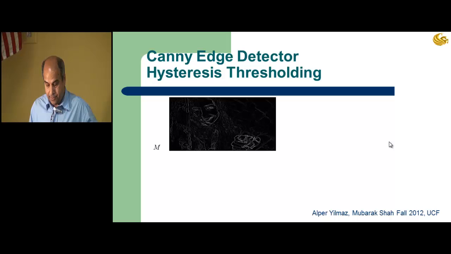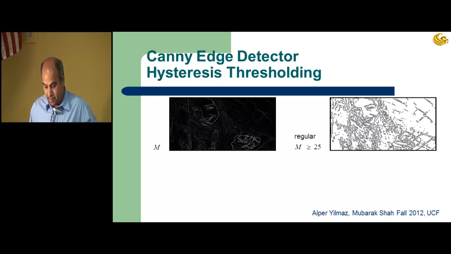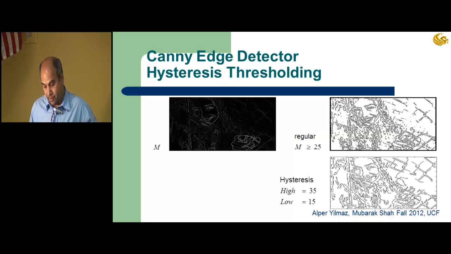So this is after non-maximum suppression, and this is just applying one threshold, high threshold or low threshold. And this is when you apply hysteresis, the high threshold and low threshold, you'll get these kinds of results. So that is the Canny edge detector. Two main things: the hysteresis thresholding and non-maximum suppression, and actually the third one is the gradient as compared to the Laplacian.